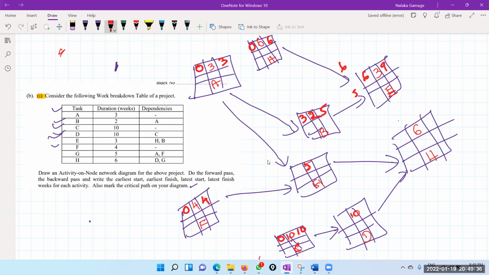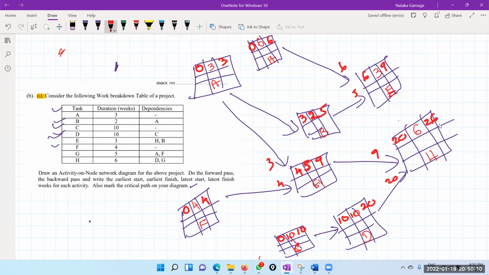This is 3 and this is 4. Both have to be finished, so we take the bigger one. 4 plus 5 is 9. From here 10 and another 10 days, 10 plus 10 is 20. From here we have 20, from here we have 9. We have to take the bigger one, 20. And therefore this is 26.